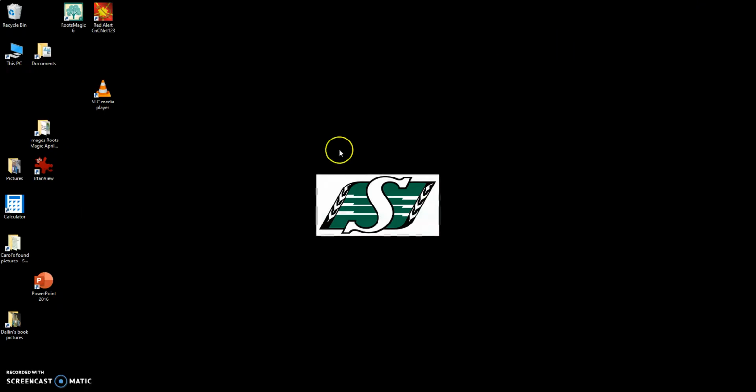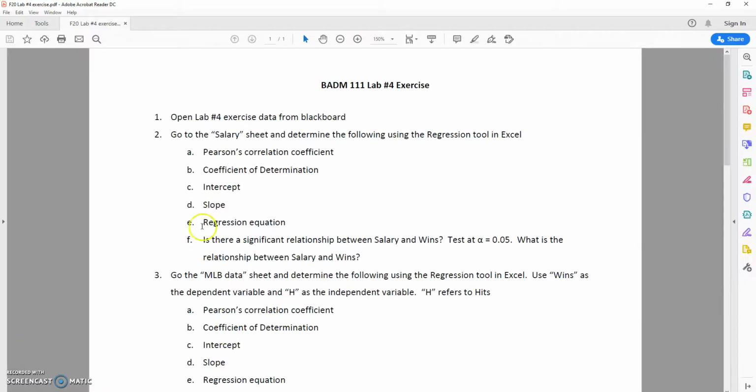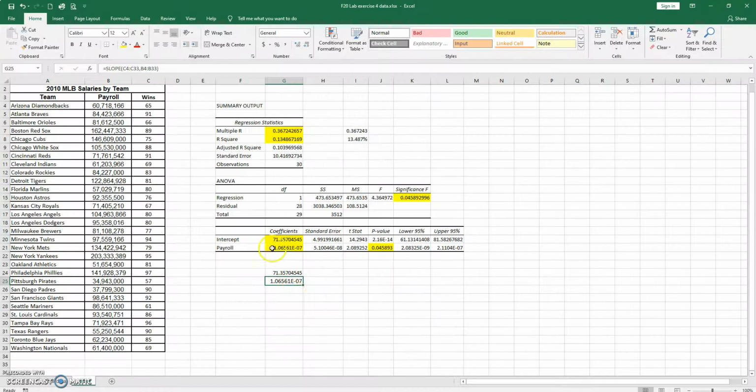Now part E was the regression equation. So let's bring our Excel data up again. The regression equation is simply going to be written as estimated y, and that comes with that fancy y symbol. Let's make this a little bigger.